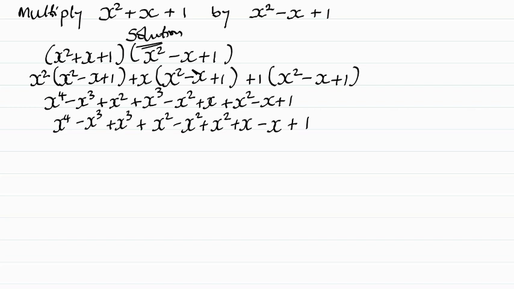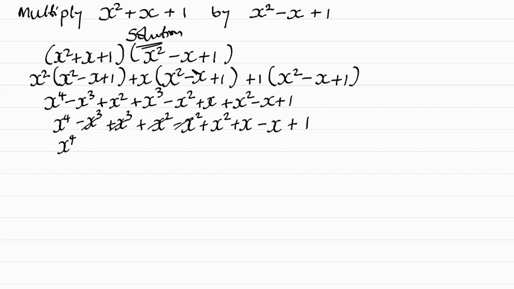Now we proceed to sum up what we have from our like terms, to sum up our equation, and we have x raised to power 4. Minus x raised to power 3 plus x raised to power 3 will cancel out. Now we have plus x raised to power 2 minus x raised to power 2.